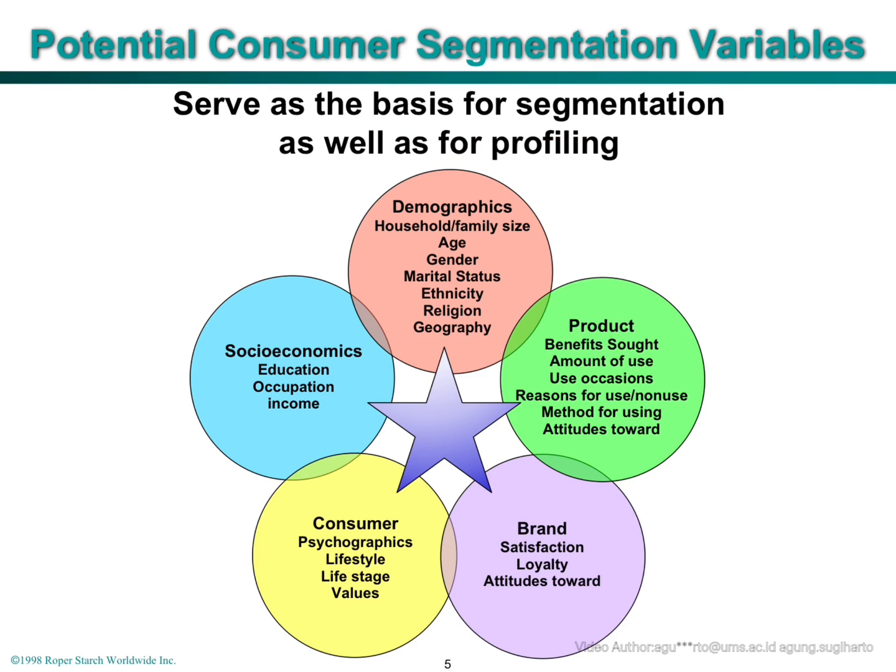It can be demography, product benefit, amount used, occasion, and then customer psychographics: lifestyle, life stage, values, and then socioeconomic: education, occupation, level of income.